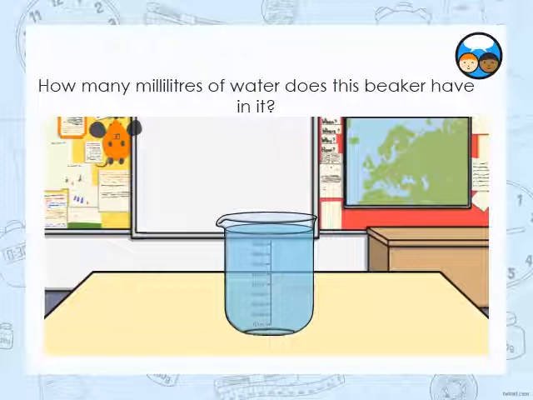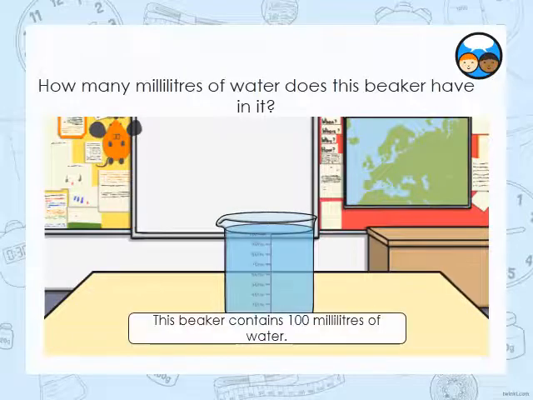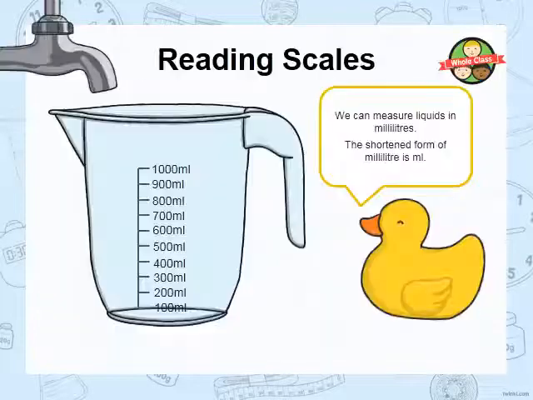The water stopped at number 100. It means that this beaker contains 100 milliliters of water. We can measure liquids in milliliters, and the symbol of milliliter is ml.